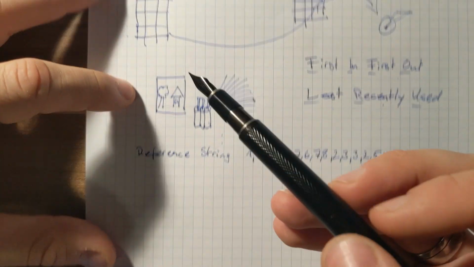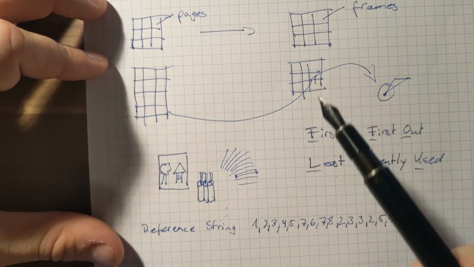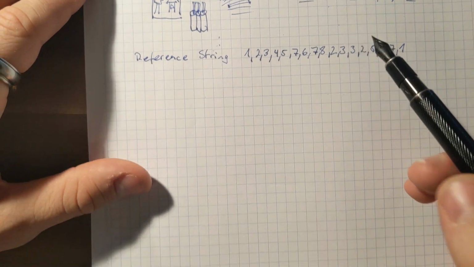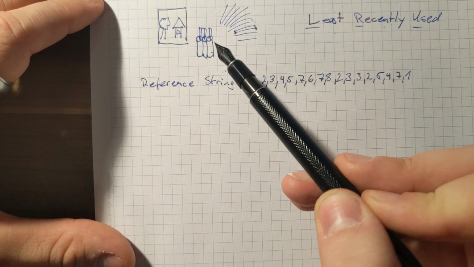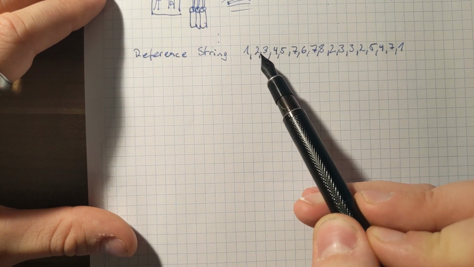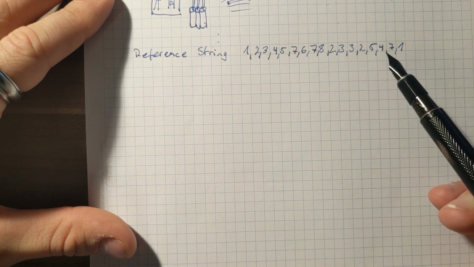So these are our pages that we need to access in memory to run the current program. But as I said, with a picture where we don't know which color we will need next, here we also don't know which page we need next, and therefore we can't look into the future.